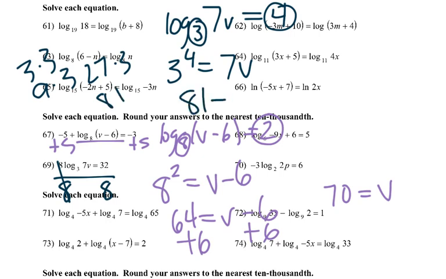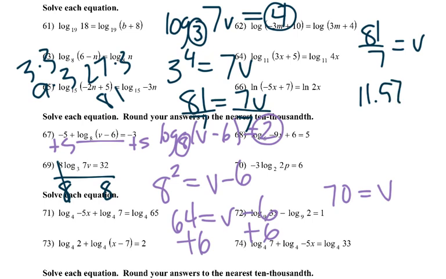So I get 81 equals 7v, divide by 7. And 81 divided by 7 would equal v, which gives us about 11.5714. It said round to the nearest 10,000, so that's 4 places behind the decimal. That's where we go.